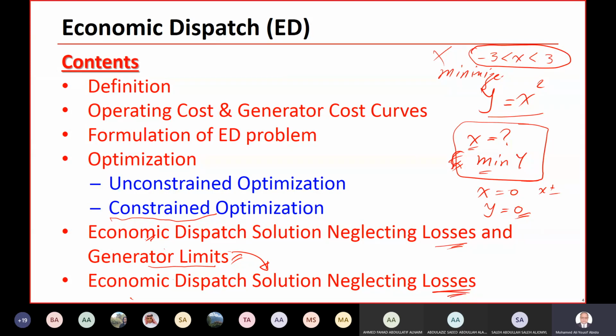So the first part is neglecting losses, and this is the easy part, and this is more complicated, and if we add losses also, this will be more and more complicated. And we will cover this constraints which are generator limits.